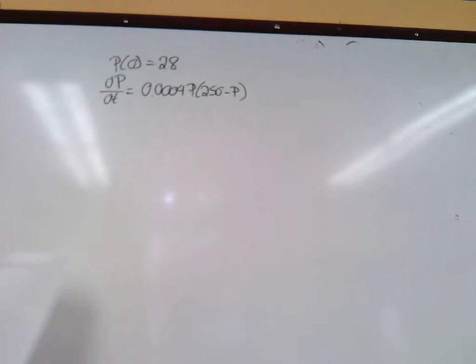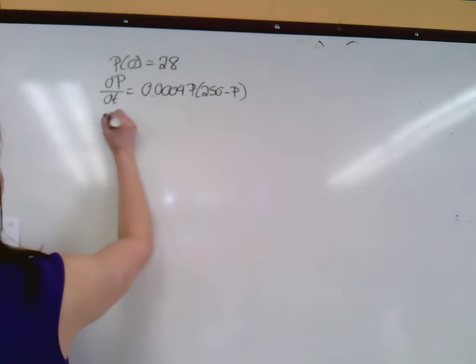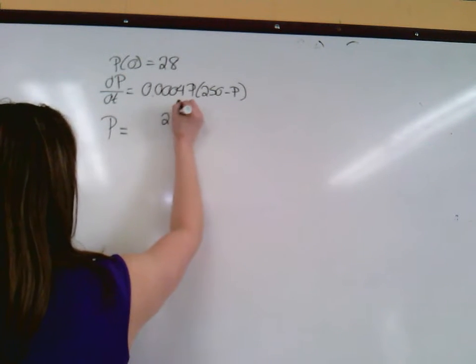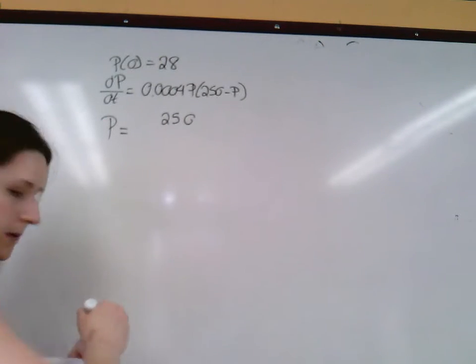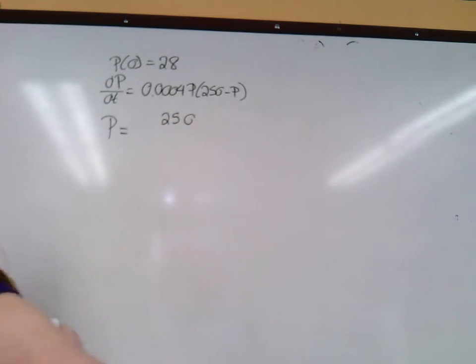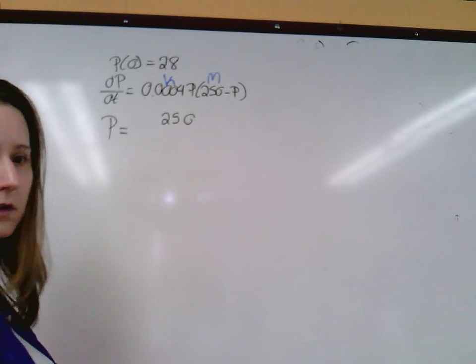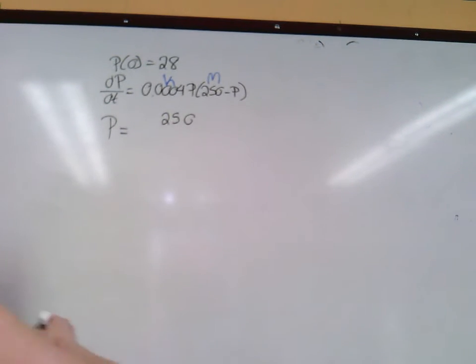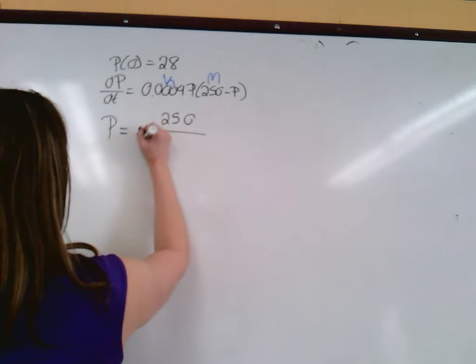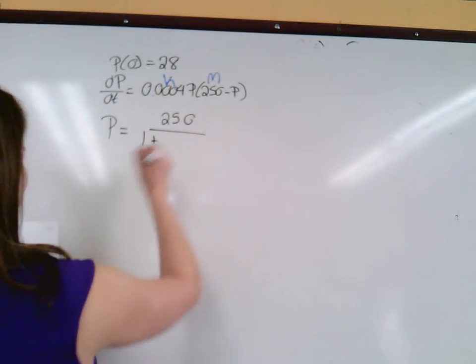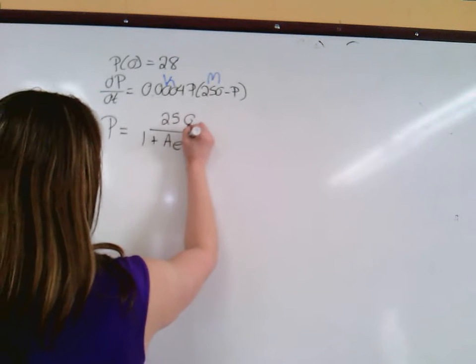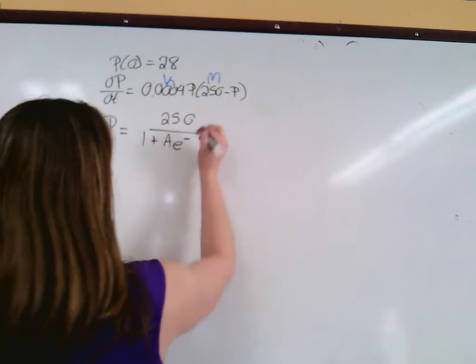So we got P equals M over 1 plus A e to the negative, don't forget that negative right there, MK t. This is K, that's M right there.